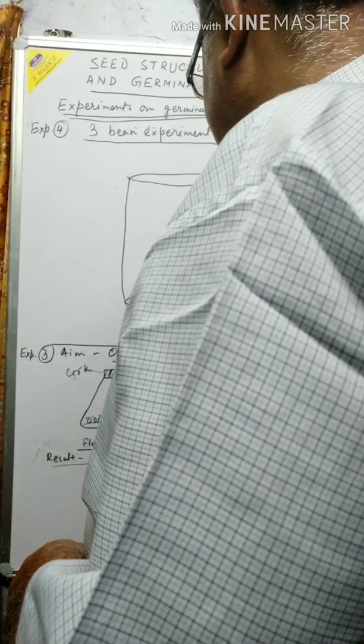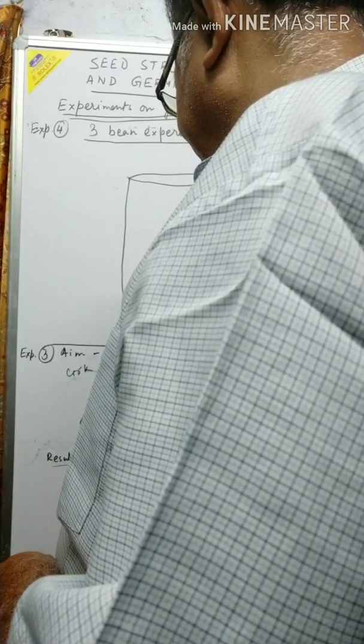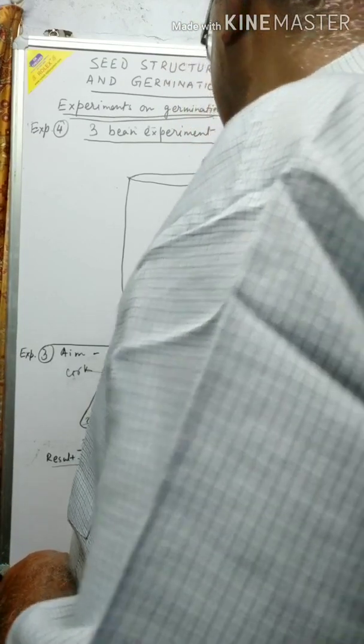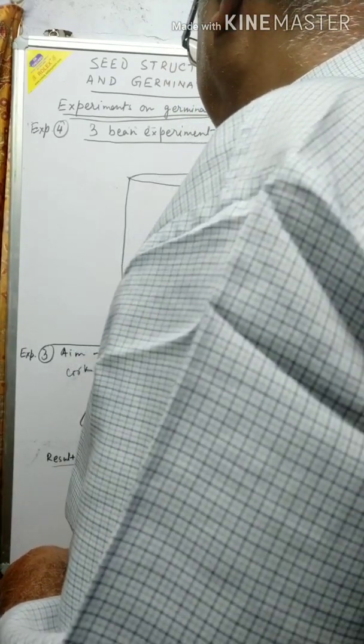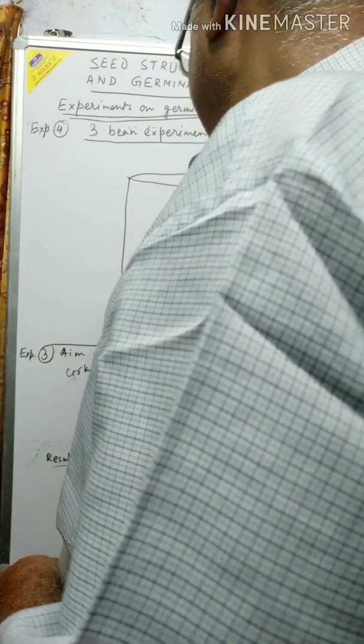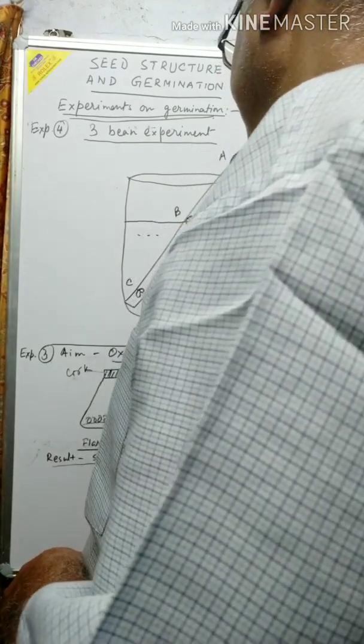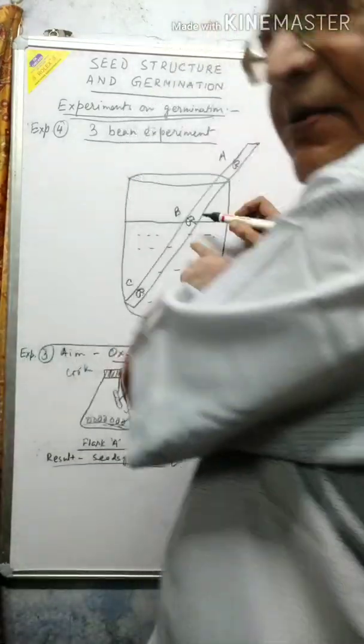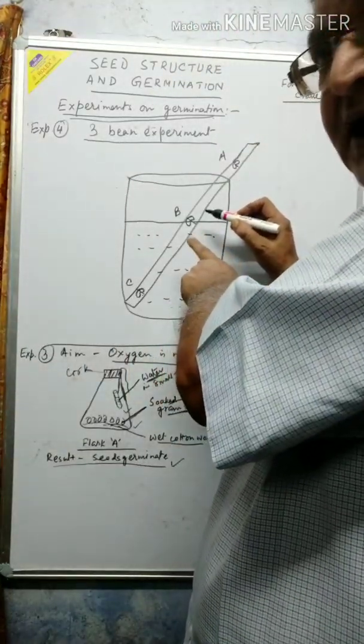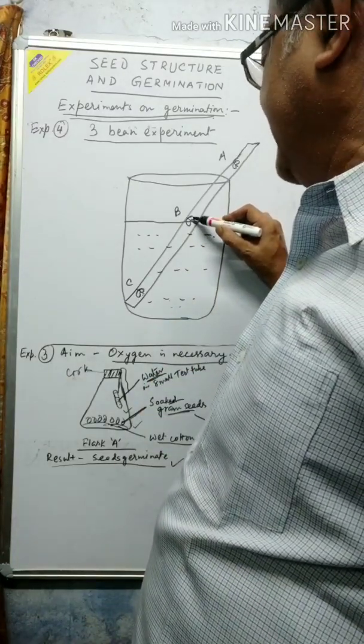One is in the air, tie it. One is here and one is here. Seeds A, B and C. Water you put in such a way that it is filling up to this level, where seed B is partly submerged and partly in the air.